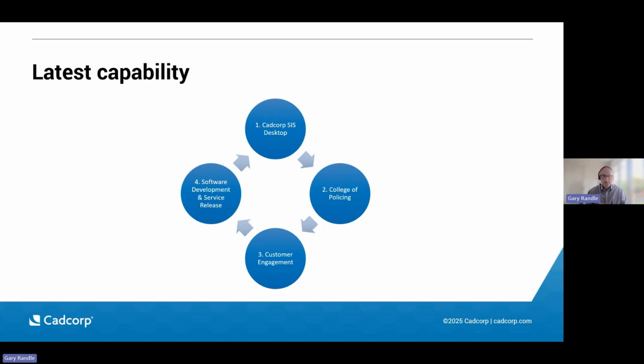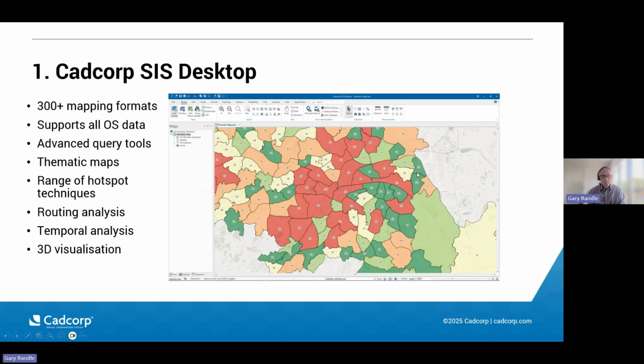And again, I'm going to tell you a bit more about those 4 steps. So the starting point and also the ending point of that process is Cadcorp SIS Desktop. For the people that perhaps aren't so familiar with this product, it's a desktop GIS which has a lot of capability just as part of the core product.